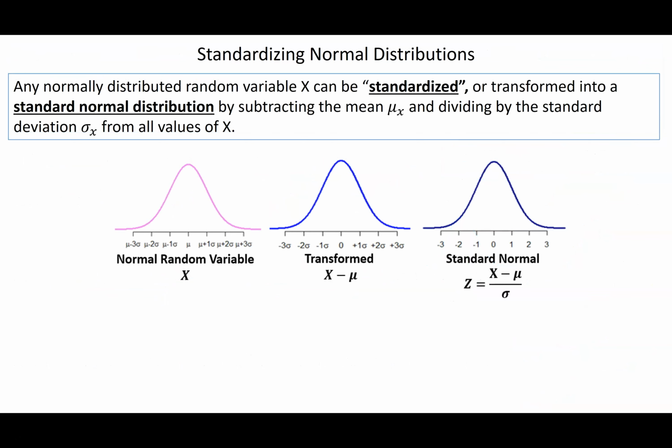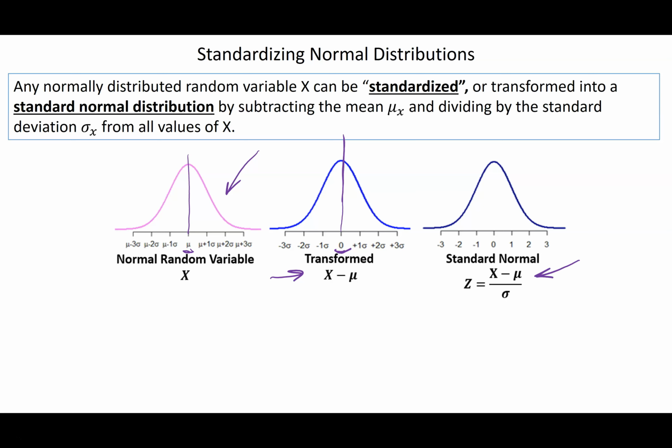So the idea behind standardizing is, well, there are steps here. You start off with a normal distribution. It's centered somewhere. We're just going to call it mu. When you do this step where you subtract mu, you force it now, instead of being centered on mu, everything's centered on 0.